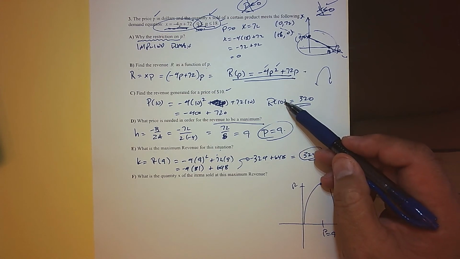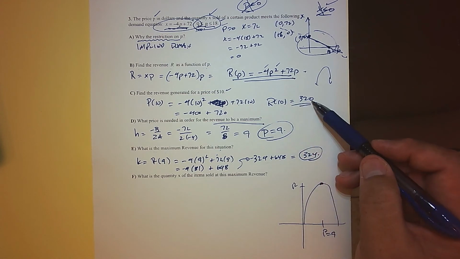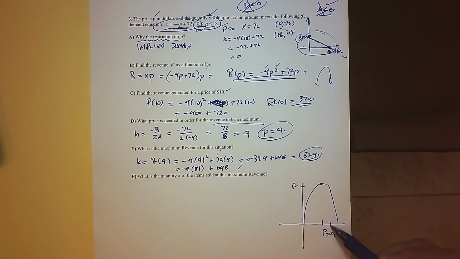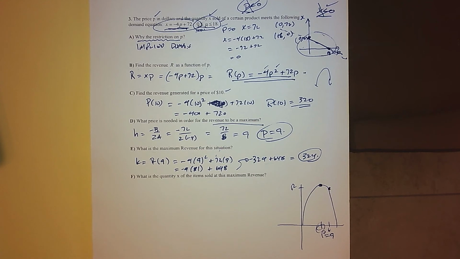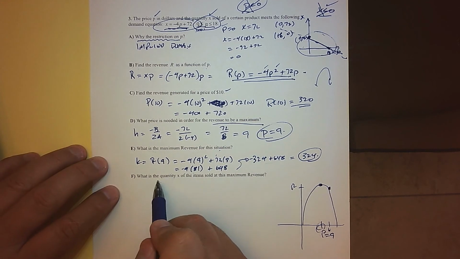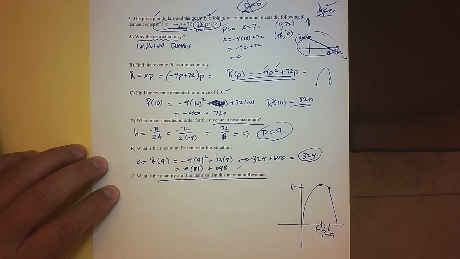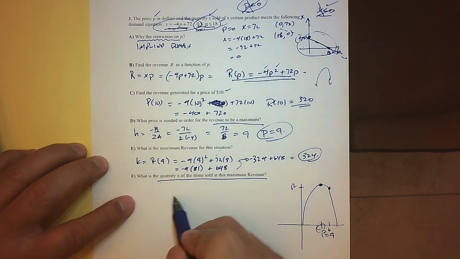You can see at a price of 10, by raising the price, the revenue has started to go down. Here's 10, and we already found that value. To get a maximum, I want to keep my price right around $9. And then what's the quantity X of items that are sold to maximize the revenue? Well, we can come back up to here.